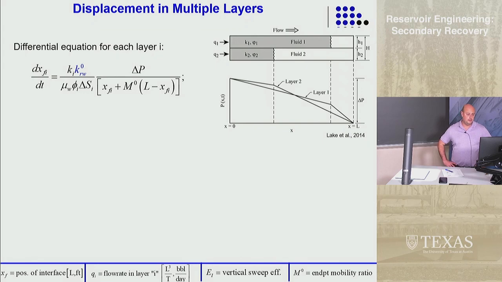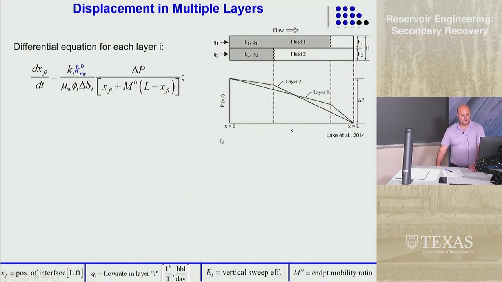I know that immediately because fluid 1 goes further than fluid 2, at least initially. So if the permeability of layer 1 is greater than layer 2, then that injected water phase wants to preferentially go to layer 1. That's the path of least resistance. If you're driving down the interstate and there are 2 lanes and one of them is backed up but the other one's not, you're going to go in the one that's not backed up and you'll go faster.